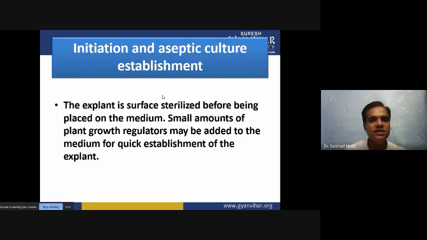So for the initiation of the plant tissues and cells, we are doing surface sterilization, and the surface sterilization method we already discussed, and we will not discuss it again. After the surface sterilization, a small amount of growth regulator is poured into the media, so that the plant will respond very fast.